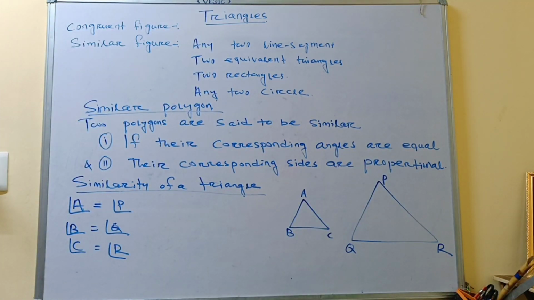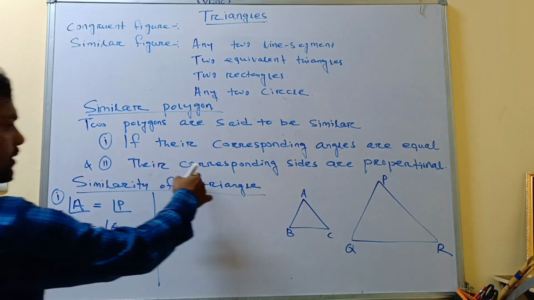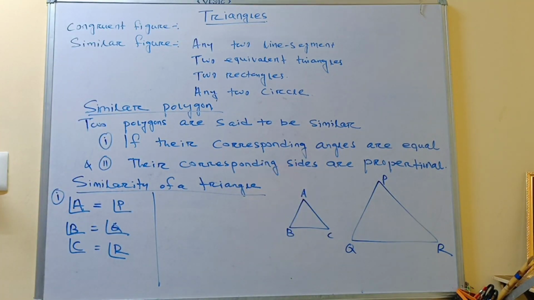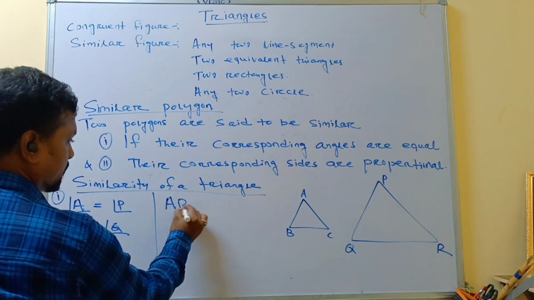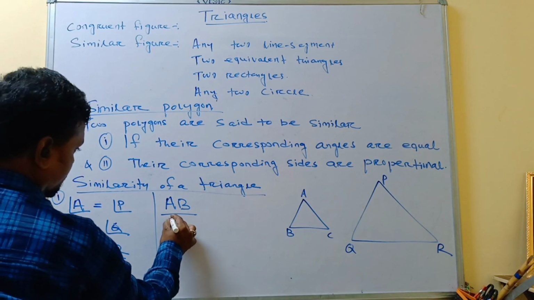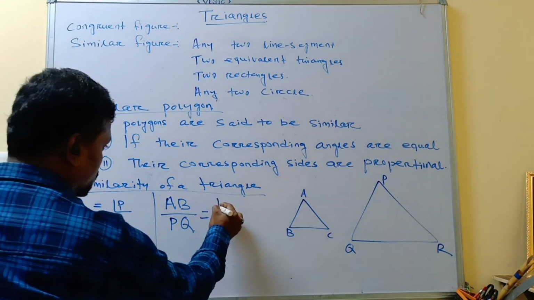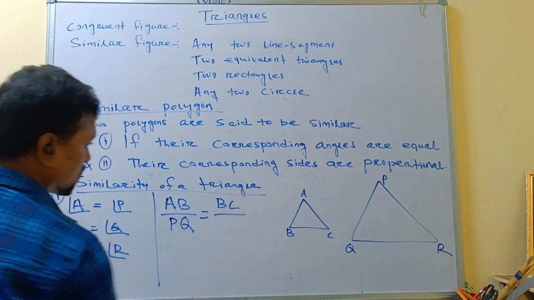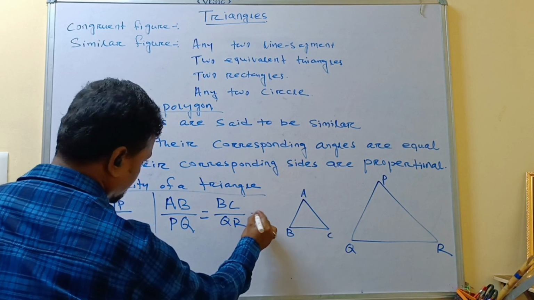And from another point of view, corresponding sides being proportional means, if I take the side AB, then the corresponding side of triangle PQR will be PQ. If it is BC in triangle ABC, in triangle PQR it will be QR.